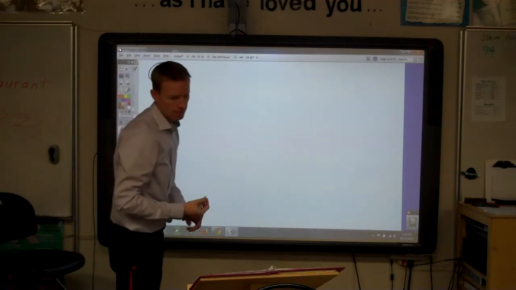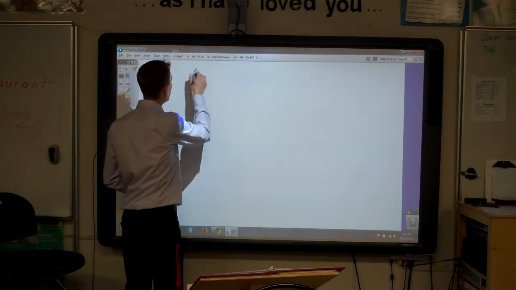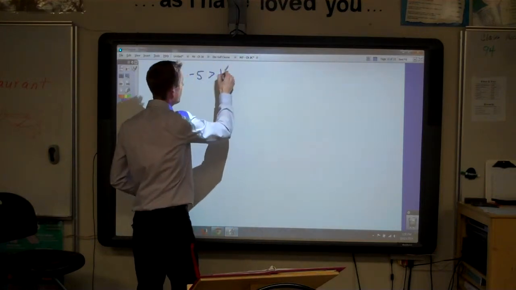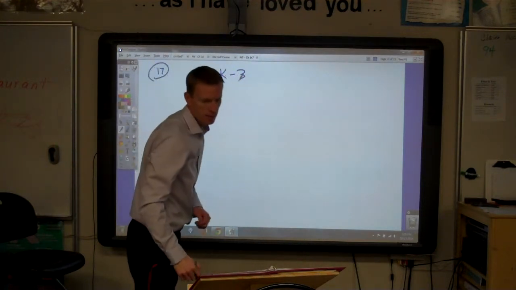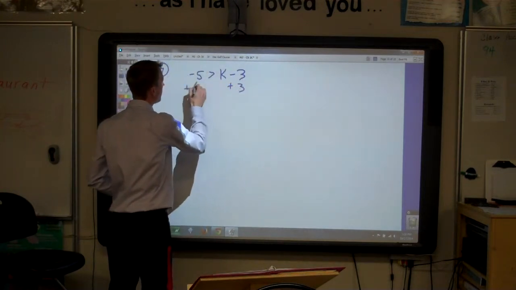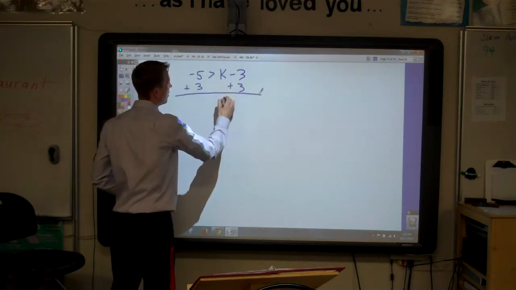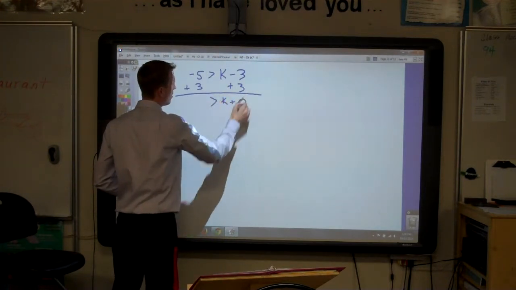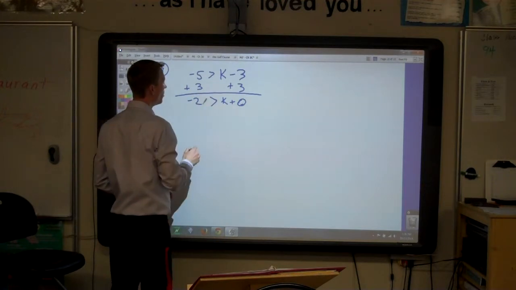Number 17. Negative 5 is greater than k minus 3. Add 3 to both sides. K plus 0 is greater than negative 2.